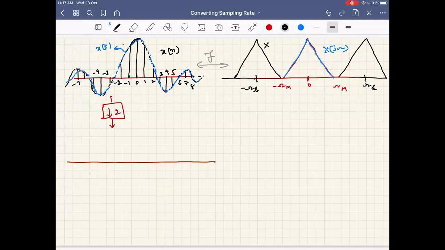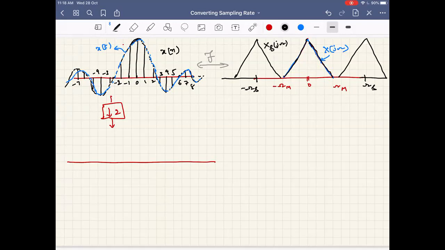All of this together is xs of j omega, while only this part is x of j omega. So the whole together is xs of j omega.